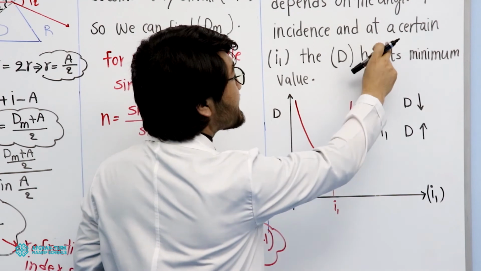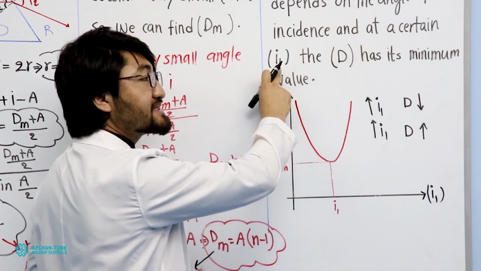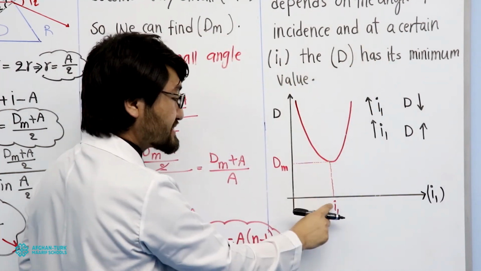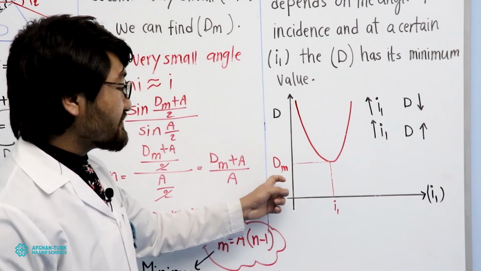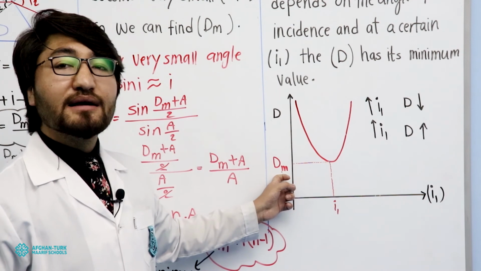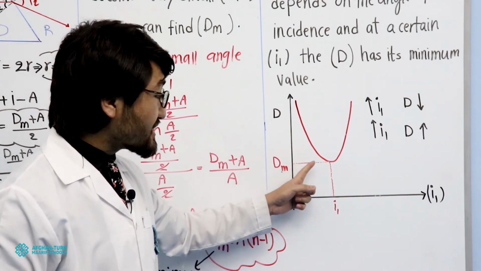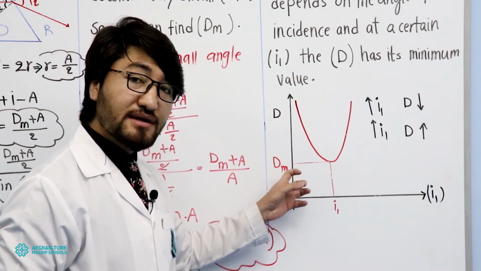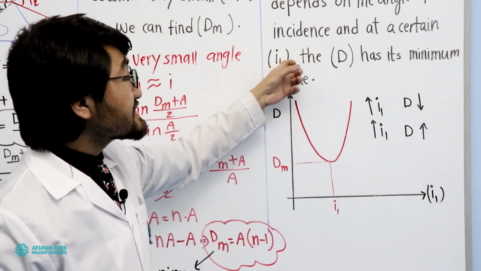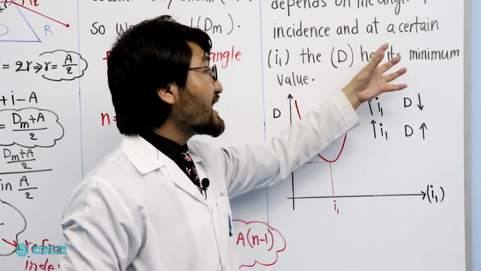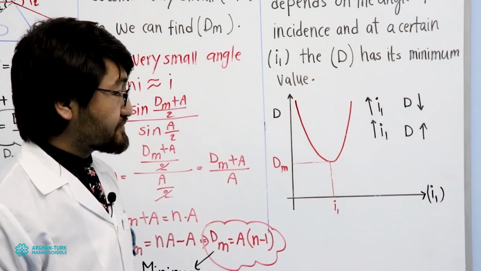At a certain angle of incidence, here we have the minimum angle of deviation. At a certain angle of incidence, the deviation angle has its minimum value.